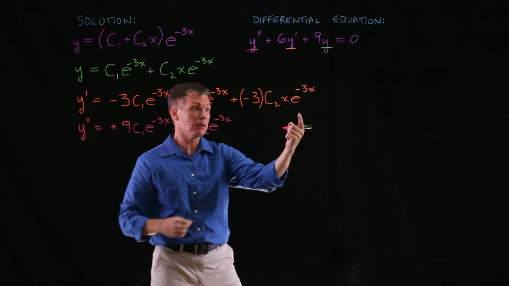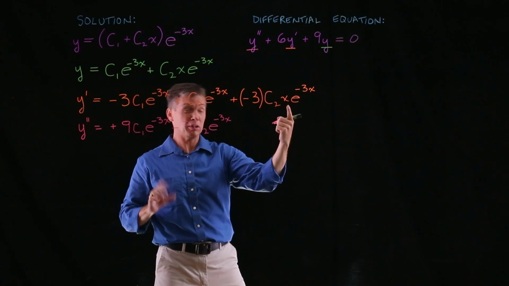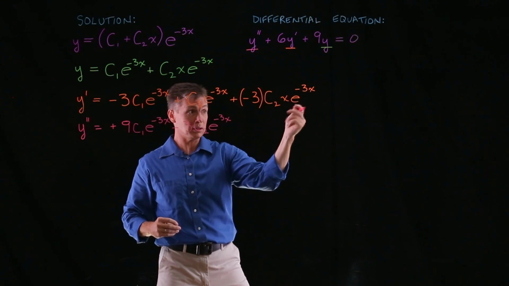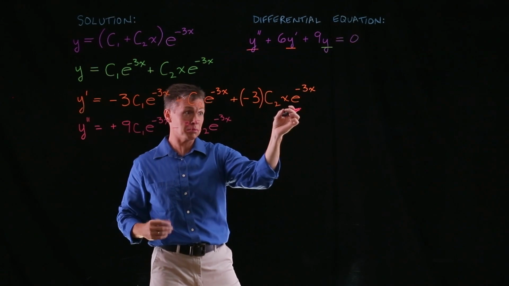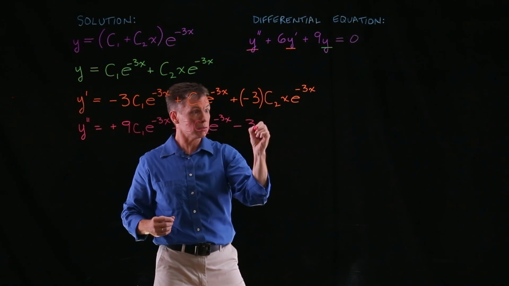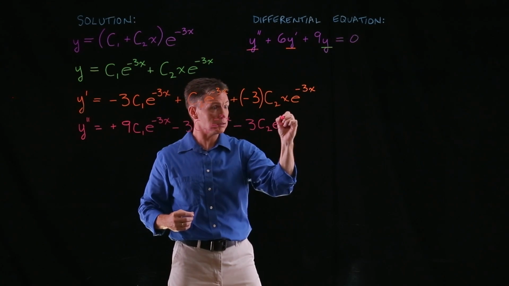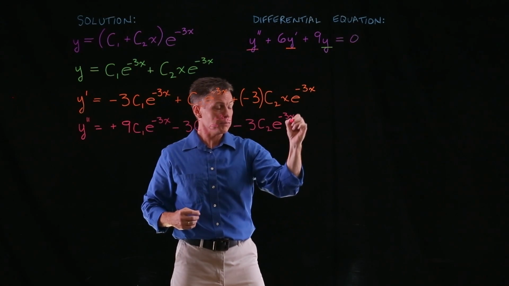Let's be careful with that. First, I would leave the x alone. I would take the derivative of the x and leave the second alone. So the derivative of x is just 1. I'd be looking at minus 3C sub 2 e raised to the minus 3x.